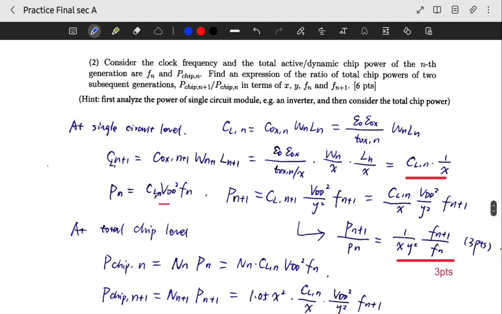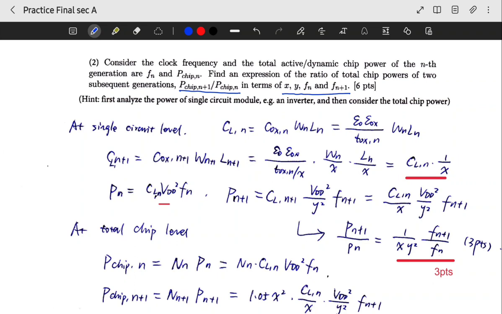And the second question is asking about the ratio of the power between the n and n plus 1 generation in terms of X, Y, and frequency. So we first start from the single circuit level.